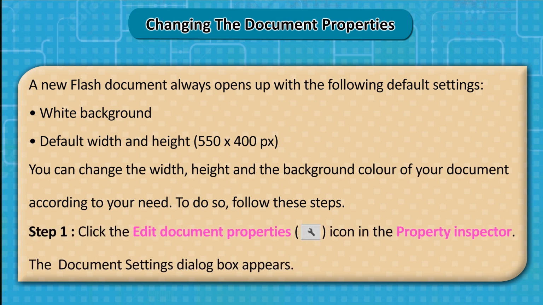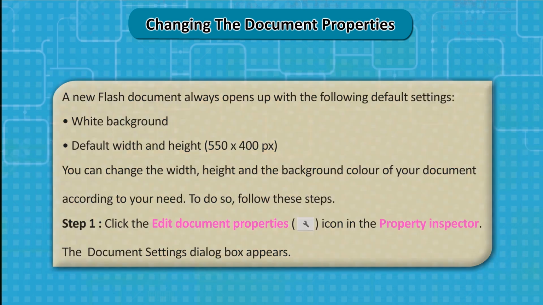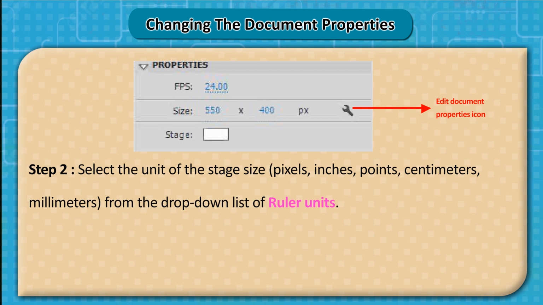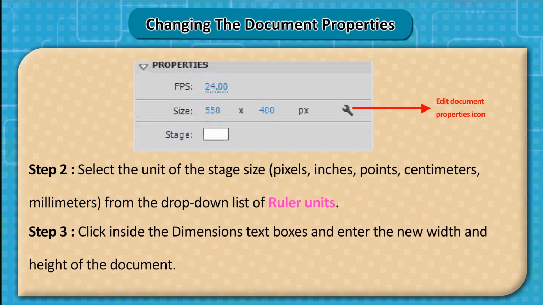Step 1. Click the Edit Document Properties icon in the Property Inspector. The Document Settings dialog box appears. Step 2. Select the unit of the stage size (pixels, inches, points, centimeters, millimeters) from the drop-down list of ruler units. Step 3.